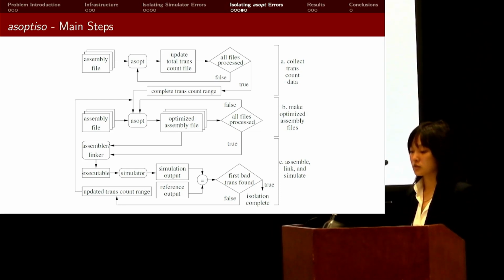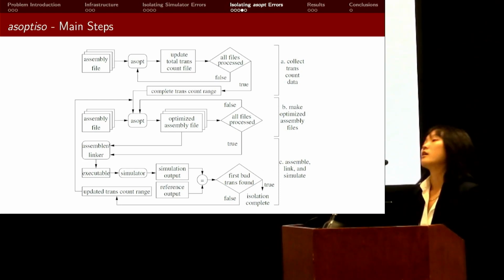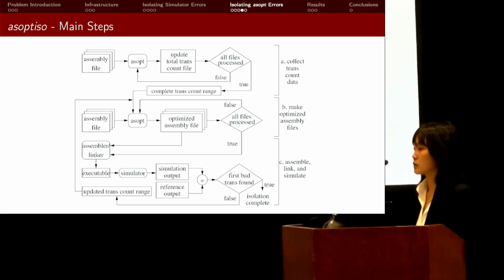What this is doing essentially is taking the transformations that we want to isolate on, so these are the transformations being performed by that isolation flag, and assigning a set of numbers, which we call the trans count, which is the transformation count, in order to identify it at a later point if necessary. We take this information and store it to a file, and that is step A.